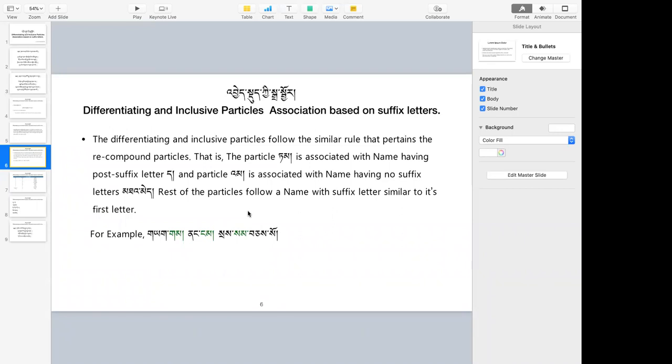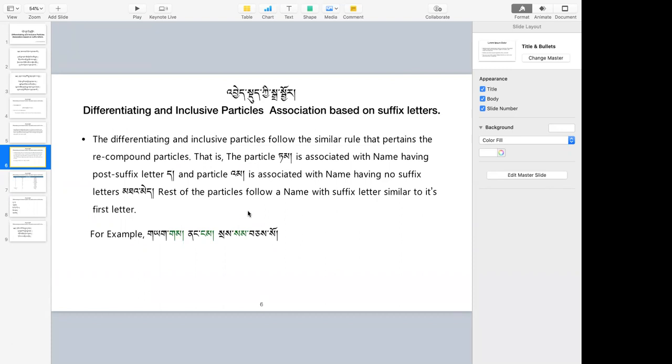And so a name that has the post-suffix letter ta is associated with the particle tam. A name that doesn't have any suffix letter is associated with hum.